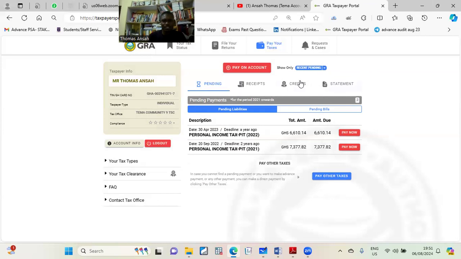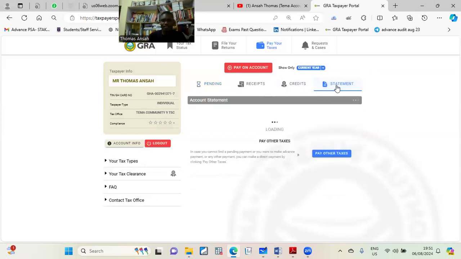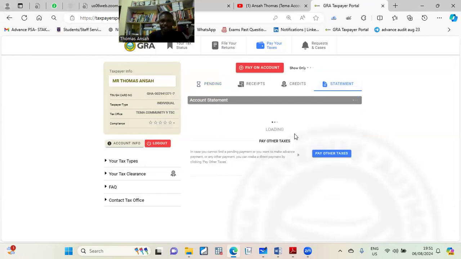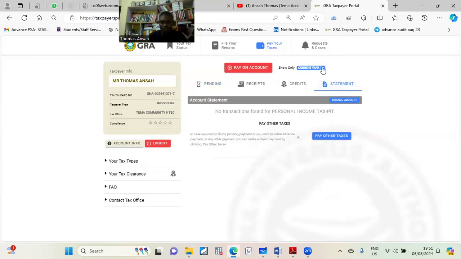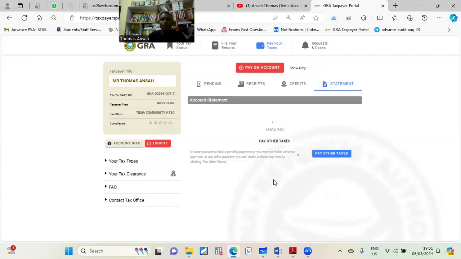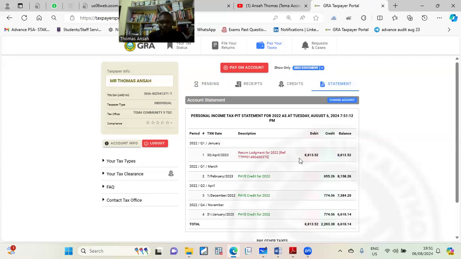So if I now check my statement, let's say I'm checking my statement for personal income tax. Watch this. Then I go to 2022, they say I owe money. Let's see what will come. You see, I have filed my taxes. Have you seen it?